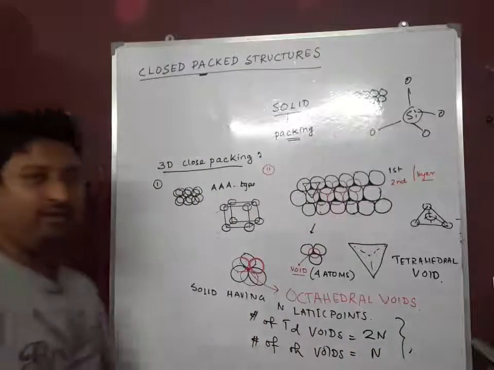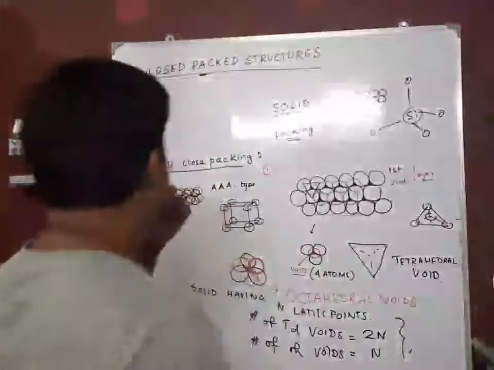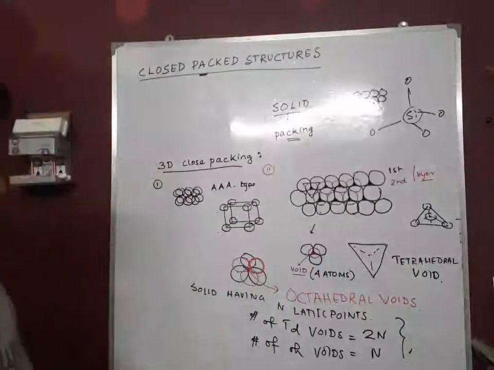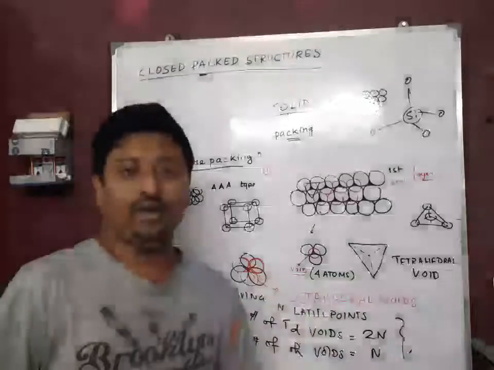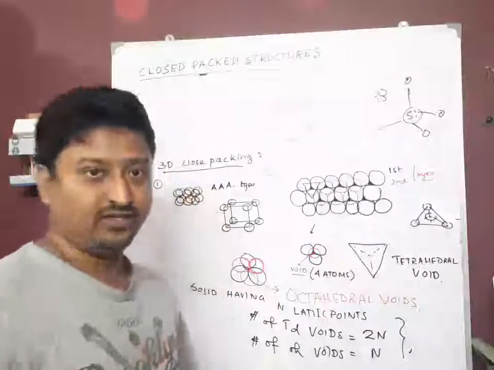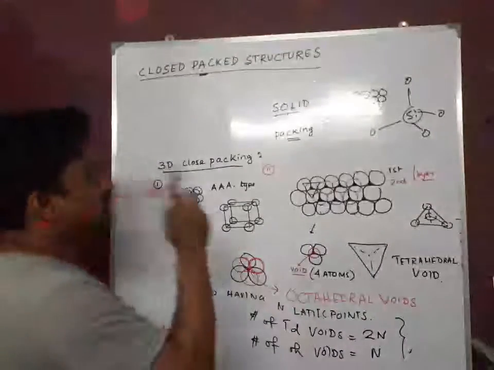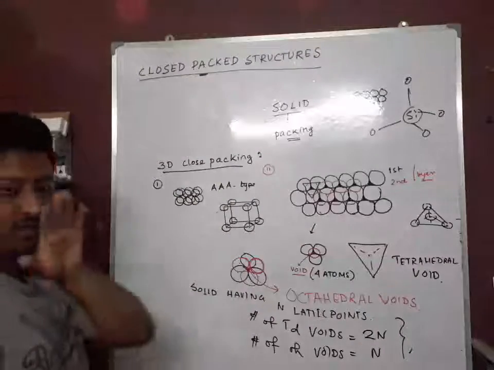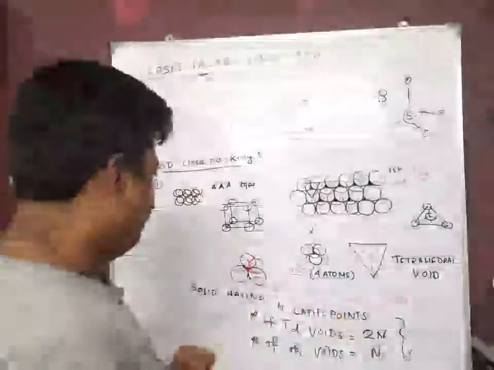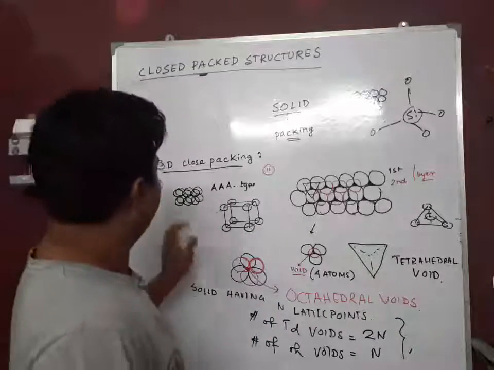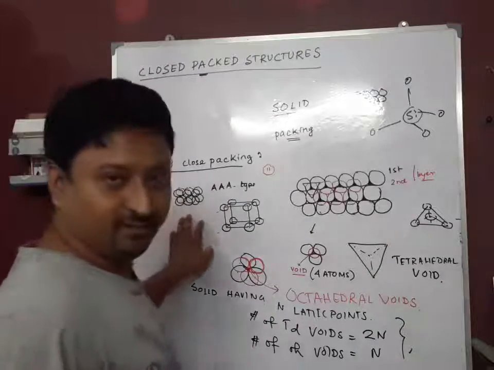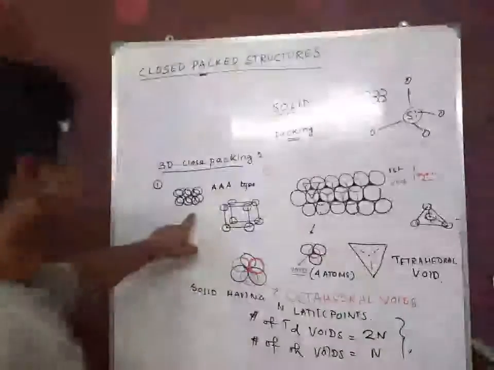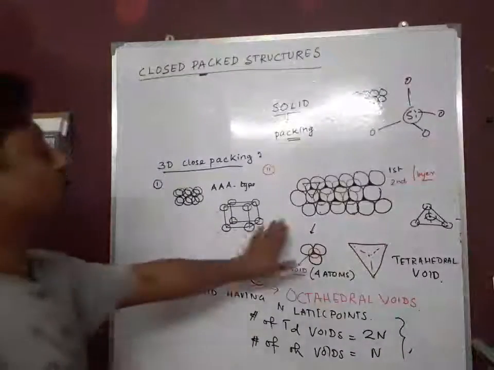Okay, so I will repeat what I said here. First, we talked about the one-dimensional lattice close-packed structure. Next, the two-dimensional close-packed structure. Now what do we combine? The two-dimensional with the one-dimensional. Combining that, we get the 3D close-packed structures, and these constitute 2 types.